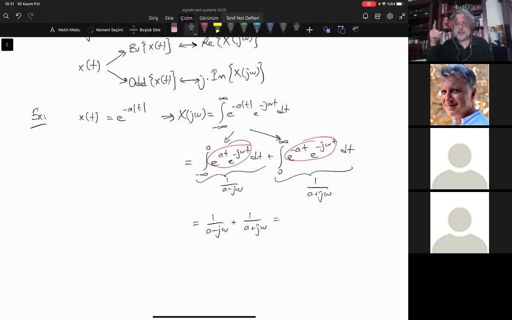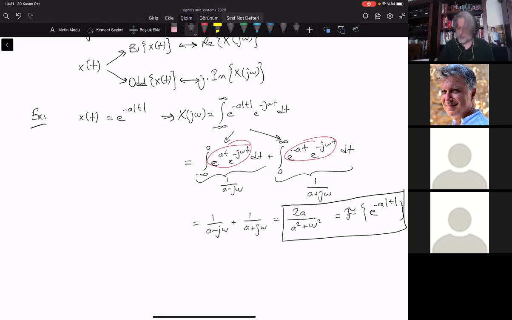J omegas will cancel, and you will have 2a. And since the denominators are conjugates of one another, the denominator is quite simply equal to a square plus omega square. Okay, this is the Fourier transform of e to the minus a absolute value of t.